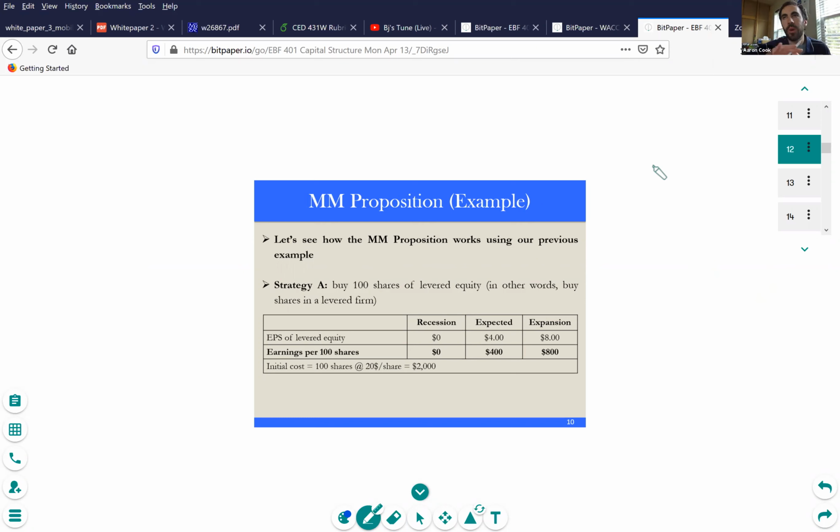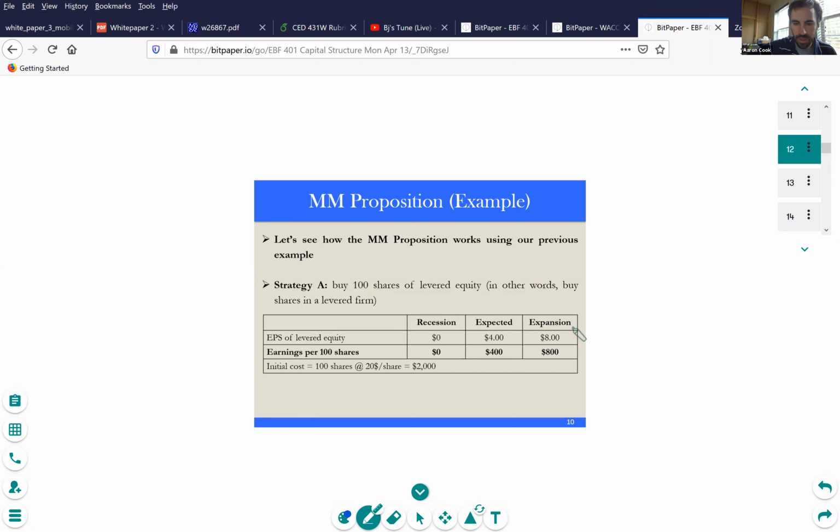Another way we can think about how investors themselves are actually indifferent to how leveraged a firm is is to consider what the investors themselves could do to lever themselves up and invest in the firm using their own borrowed money.